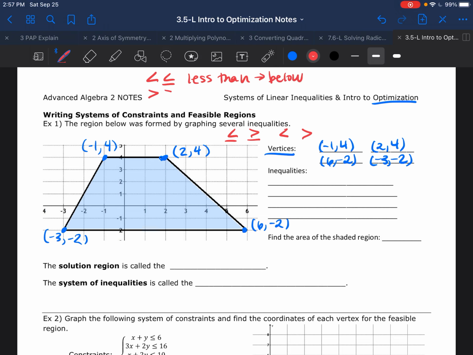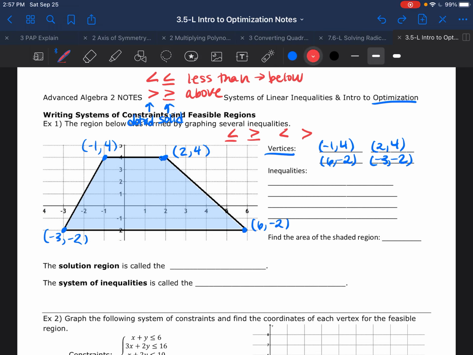Your greater than sign means above. A line underneath means solid line. No line means dotted. I tell my Algebra 1 kids, if you take the time to draw this line, take the time to draw the actual line here.